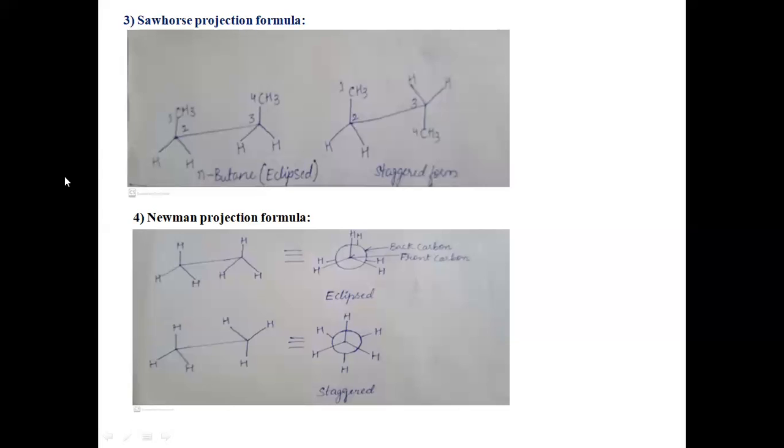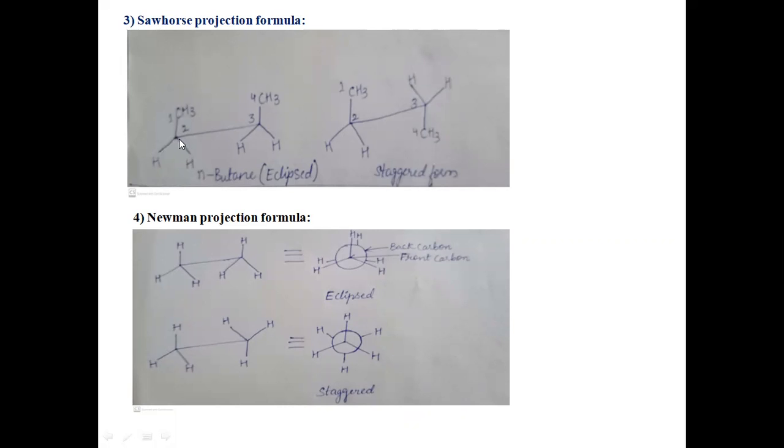Here the bond between the two chiral carbon atoms is represented by a diagonal line, and that diagonal line is slightly elongated, and at the ends it represents the carbon atoms. The bonds attached to the other groups on the carbon atoms are represented with smaller lines.